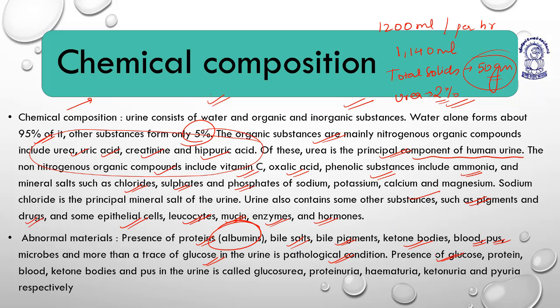The presence of glucose, protein, blood, ketone bodies, and pus in the urine has specific names. If glucose is present, then it's glucosuria. If protein is there, then proteinuria. If ketone bodies are there, then ketonuria. If blood cells are there, then hematuria. If pus cells are there, then pyuria, respectively.